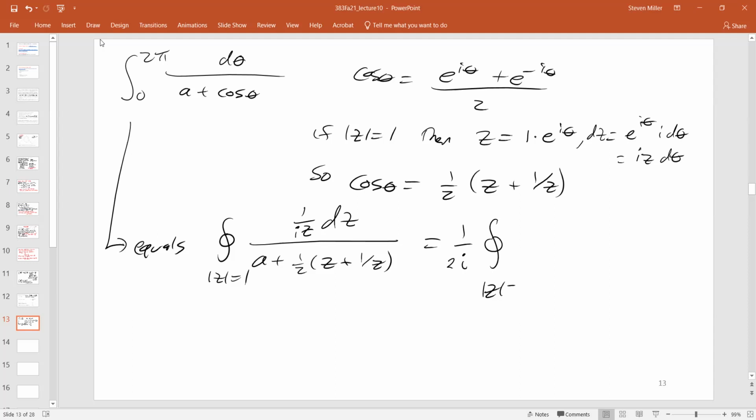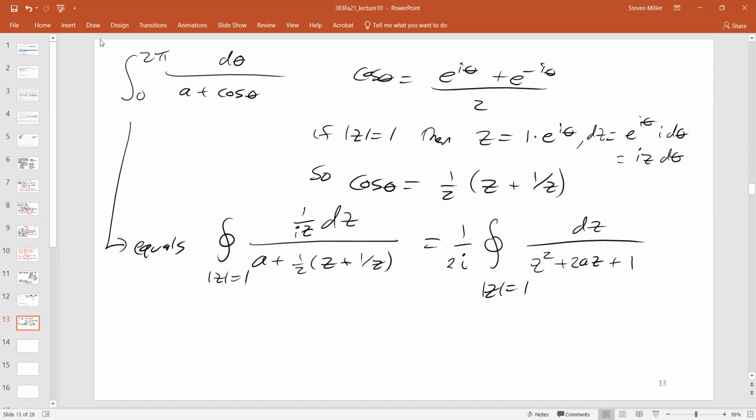Integral absolute value of z equals 1. We'll have a dz upstairs. And when I bring the z downstairs, I have a 2az. I'll have, I think, a z squared plus 2az plus 1. I think that's what we get when we put everything together. Yep. Because I'm pulling out the 2, so I have 2a.